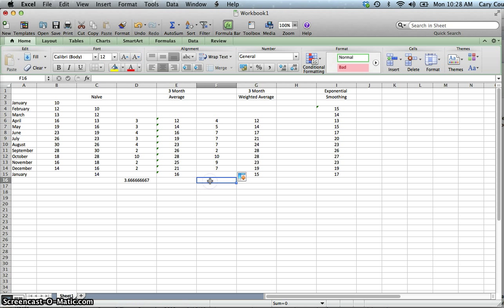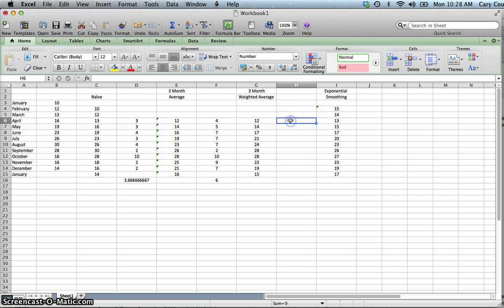Then the same thing, we want to know the average of these numbers here. So right now the naive approach is looking far better, because here our average error is 6 sheds off, where we're 4 sheds off here, 3.66. So between these two techniques, this is the better technique because it has less error.